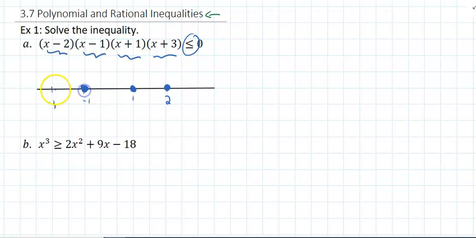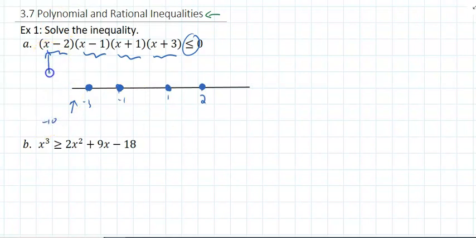One way of doing this is for you to pick a test point to the left of -3. You're only interested in the sign, if it's plus or minus. So let's take -5 or -10.